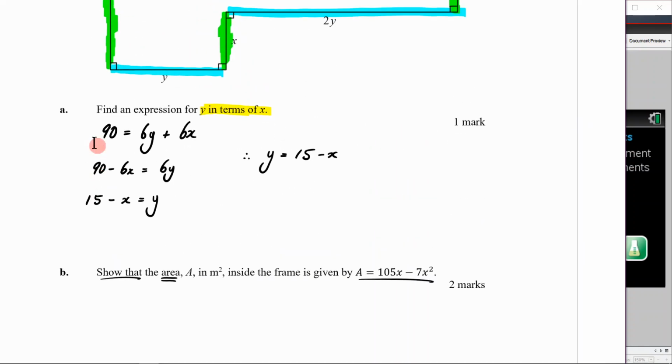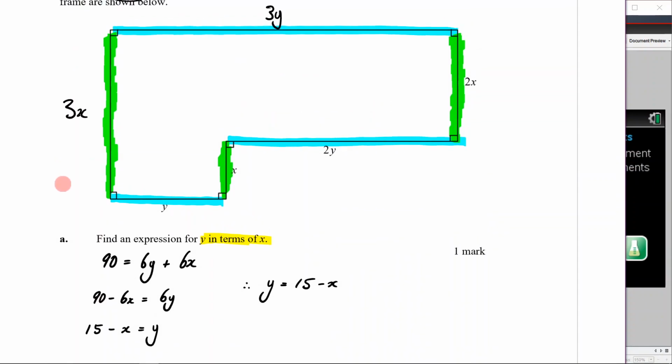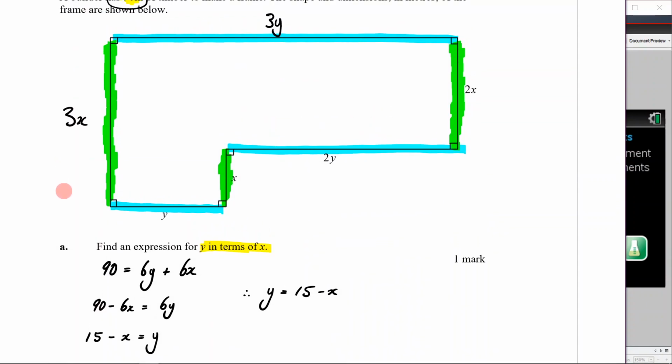So what we're going to do is come up here and find the area of this thing. If I was just to cut this off for a second, the area of this portion is just going to be x times y, so it's xy. And the area of this portion right here is going to be 3y times 2x, which is equal to 6xy.